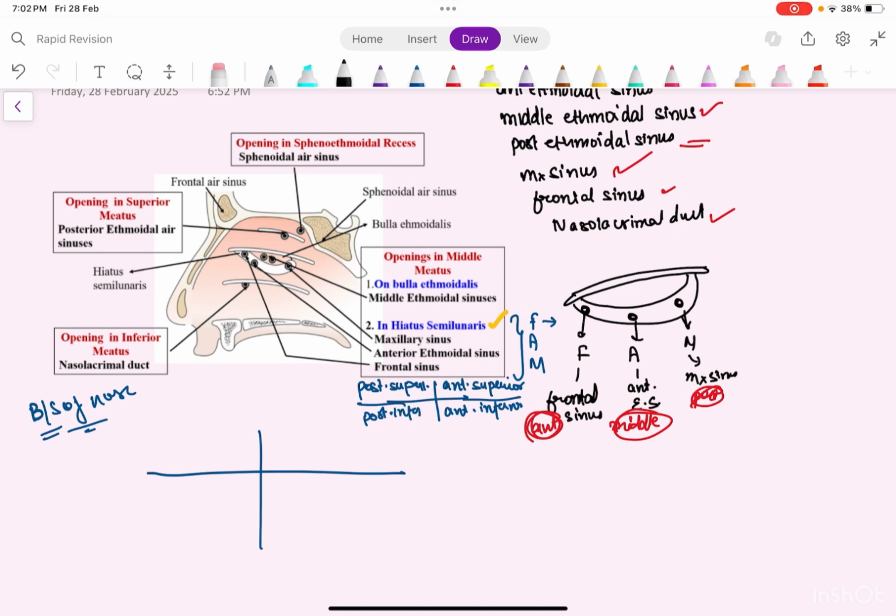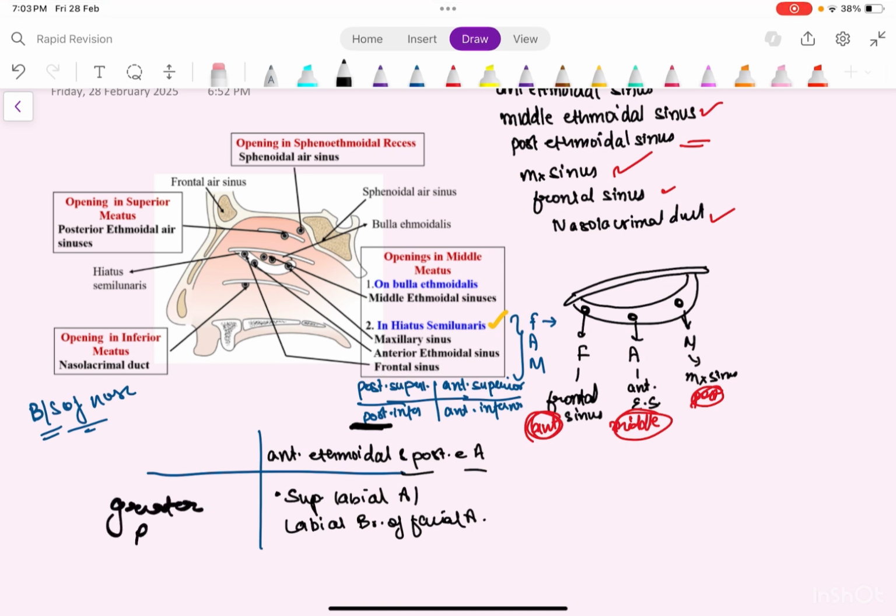In the anterior superior we have the anterior ethmoidal and posterior ethmoidal artery. Then anterior inferior, we have the lips, so the superior labial artery and the labial branch of the facial artery. Then posterior inferiorly is the greater palatine artery, and then posterior superior is our sphenopalatine artery.